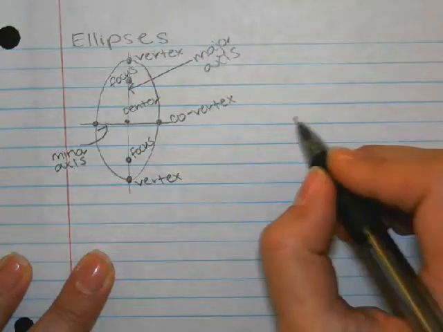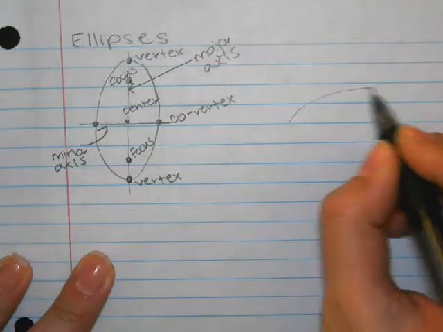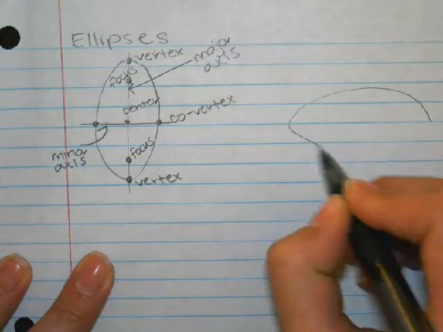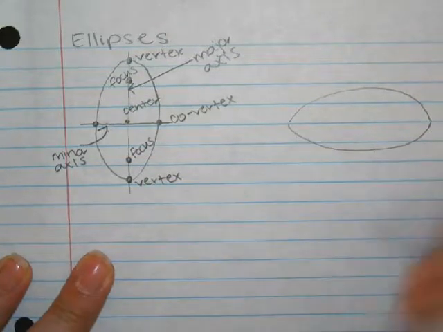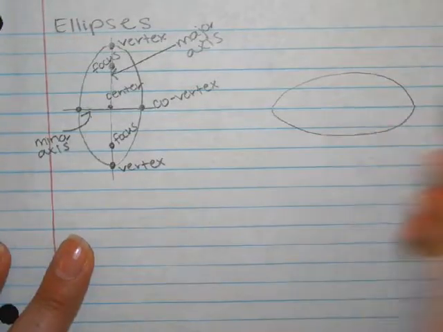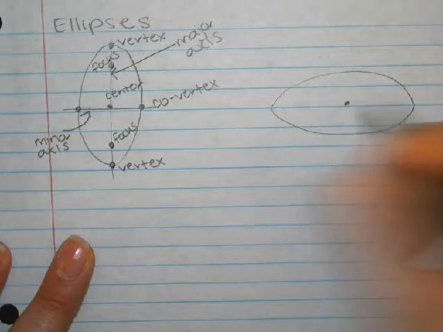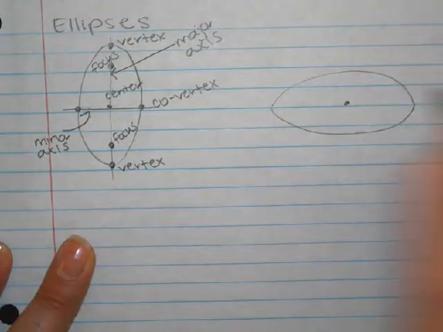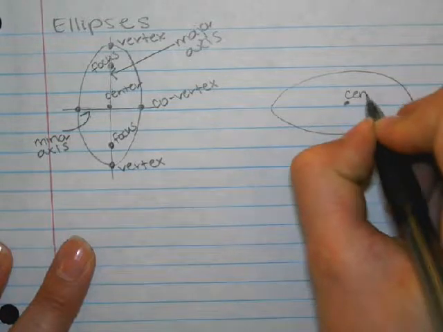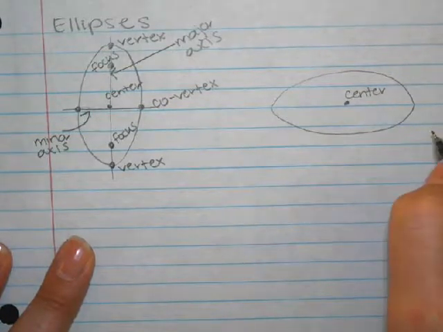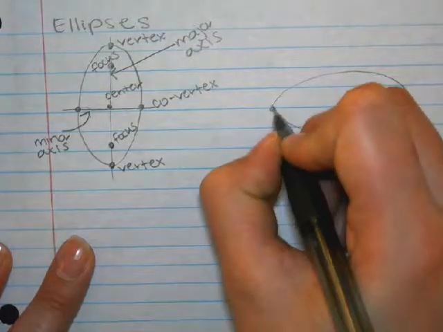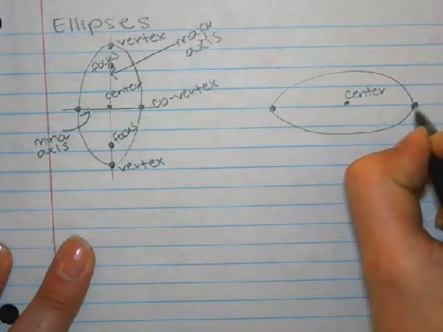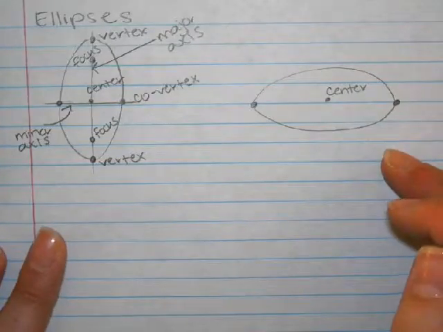You can also turn it on its side. This time you still have the center. This time the vertices would be on the side, and the co-vertices would be on the top and bottom.